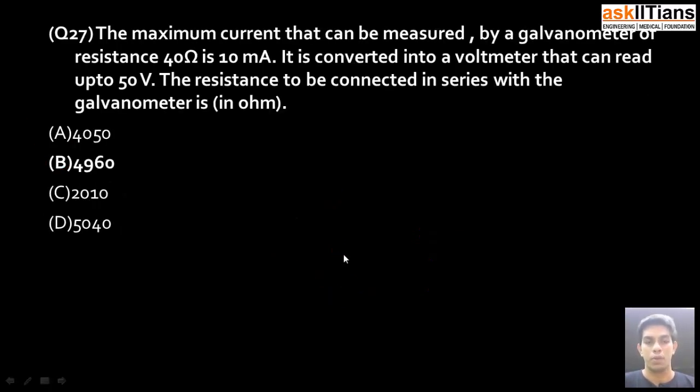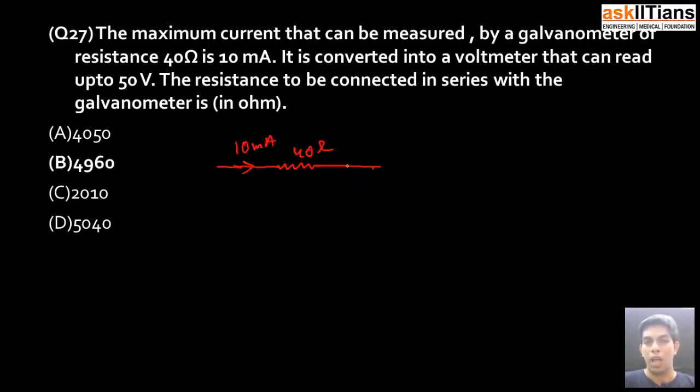Moving on to the 27th question. It says the maximum current that can be measured by a galvanometer of resistance 40 ohm is 10 milliampere. It is converted into a voltmeter that can read up to 50 volt. The resistance to be connected in series with the galvanometer is, so I have a 40 ohm galvanometer which can read up to 10 milliampere.